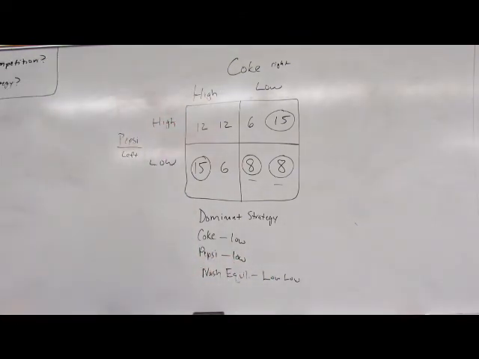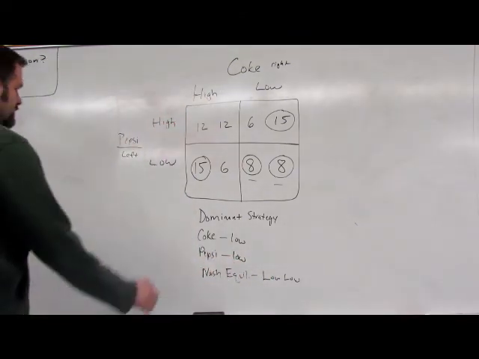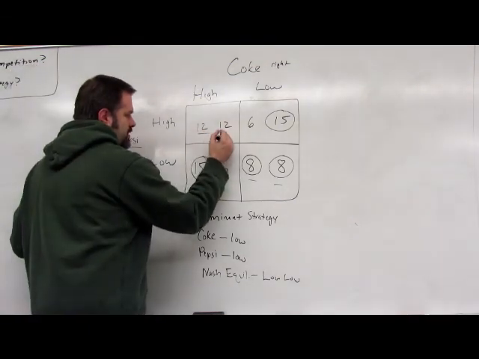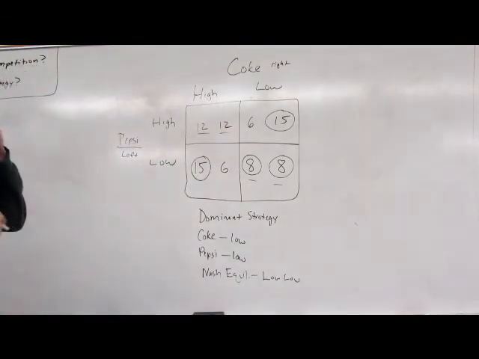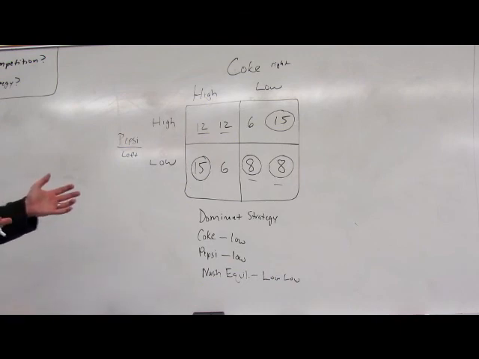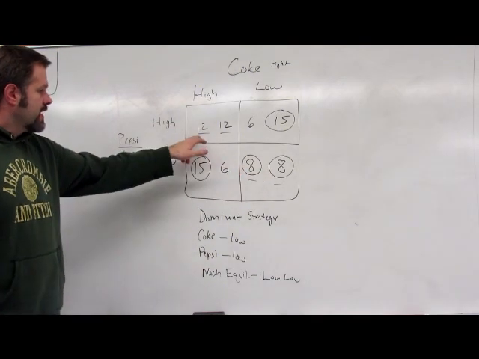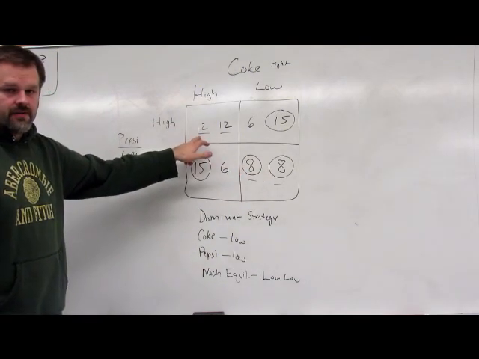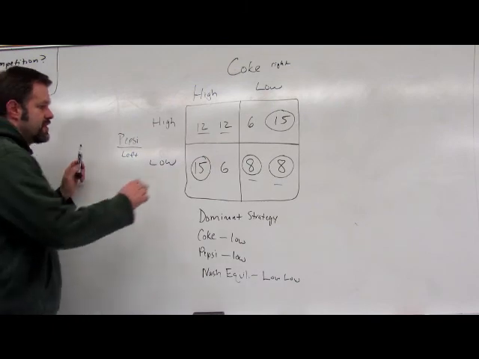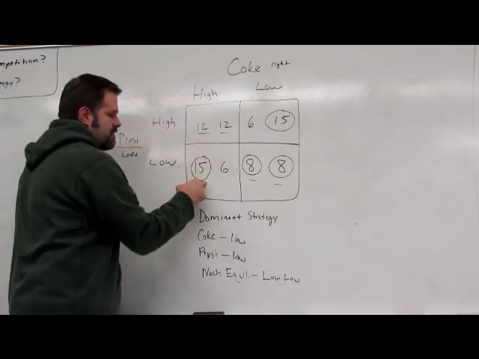Now, the question came up the other day when Mr. Fauquier was speaking, why not go with 12 and 12? The reason is, even though 12 and 12 are higher than 8, there is an incentive to cheat here. If you cheat, you can squeeze out a few extra bucks.